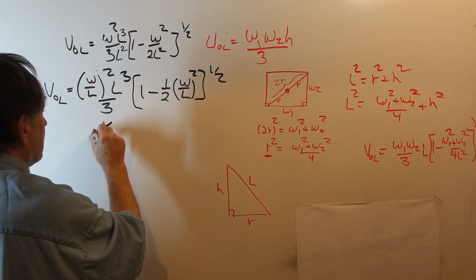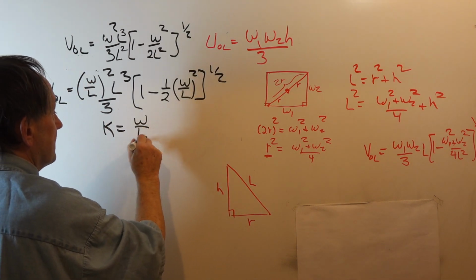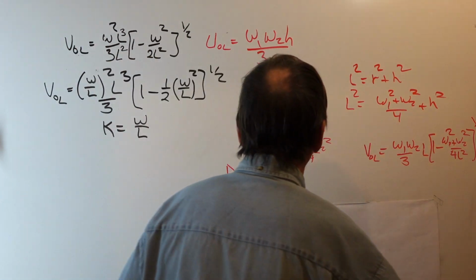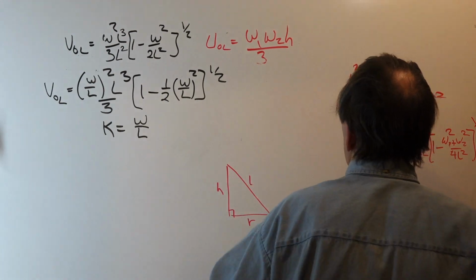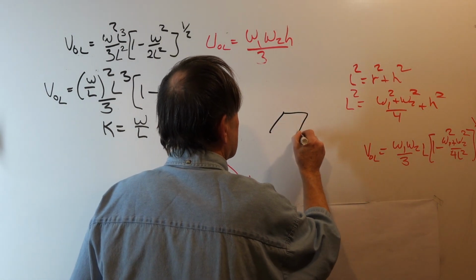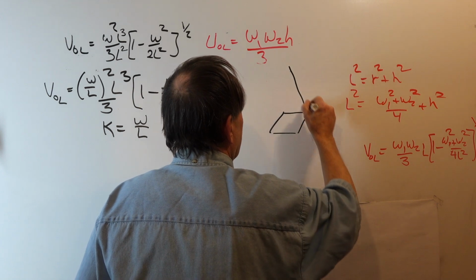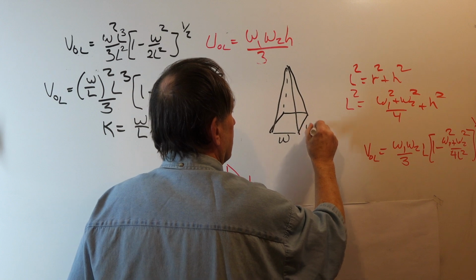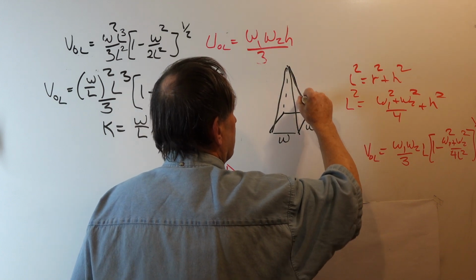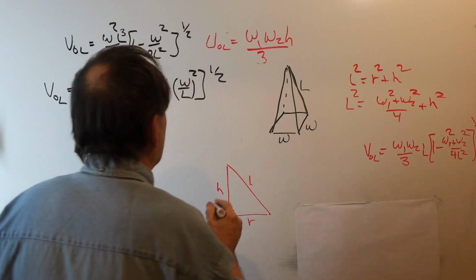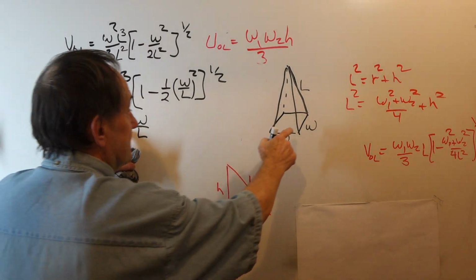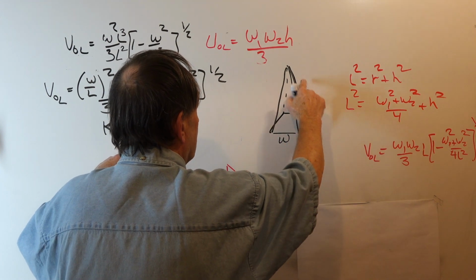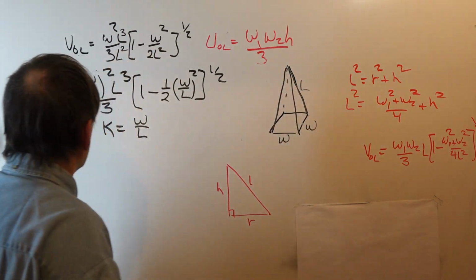And I'm going to establish a factor K, which is the ratio of the width to the length on the side of the pyramid. We have this base that's square, and then we have a side length of L, and K is the ratio of the width, or the length of a side on the base, to the slope side on the pyramid.